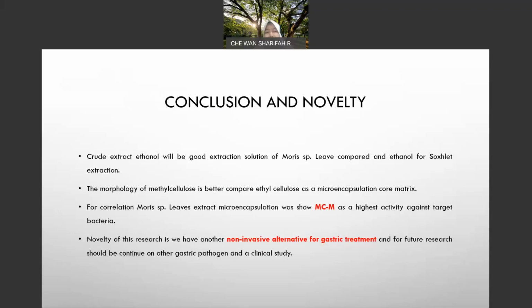The morphology of methylcellulose is better compared to ethylcellulose as a microencapsulation core matrix based on their IC50, which for methylcellulose is around 0.4 compared to ethylcellulose around 0.53. For correlation, the Moringa leaf extract microencapsulation will show methylcellulose methanol extract as having the highest activity against the target bacteria.